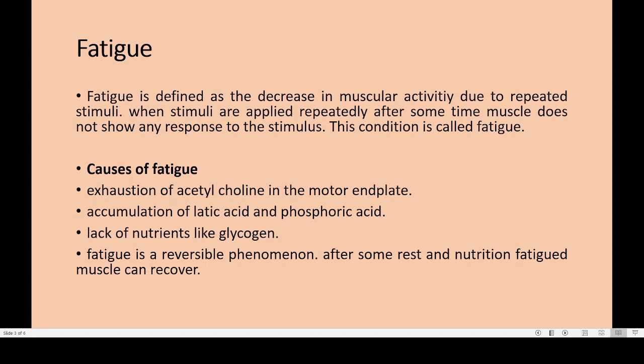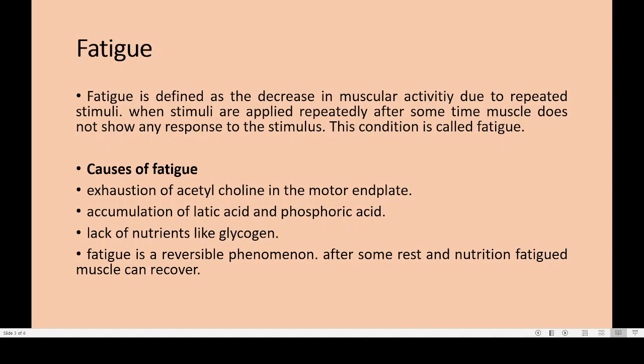Now if you look at muscle fatigue, it is defined as a decrease in muscle activity due to repeated stimulus. That is, if you are giving a stimulus to a muscle so many times one after another, after some time the response of the muscle will gradually decrease, and this is what we call muscle fatigue, or we say that the muscle is getting tired, so it can no longer respond.